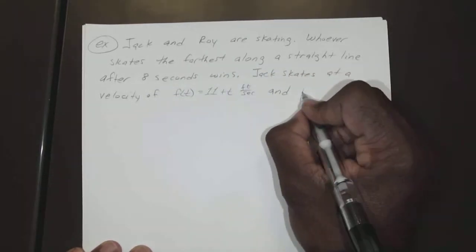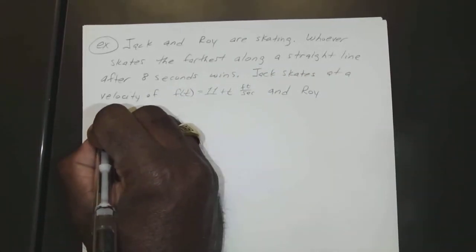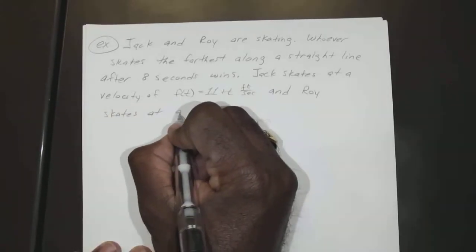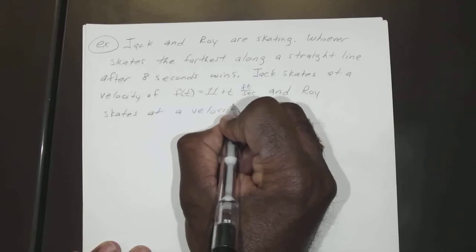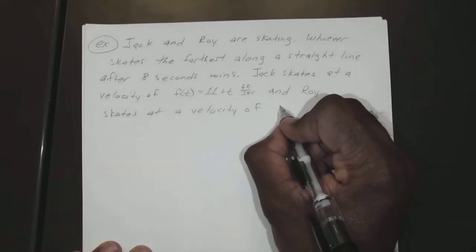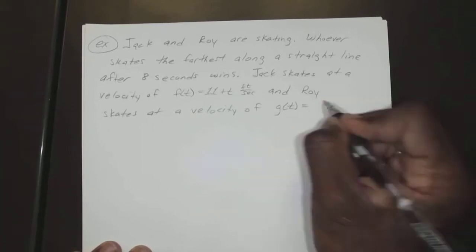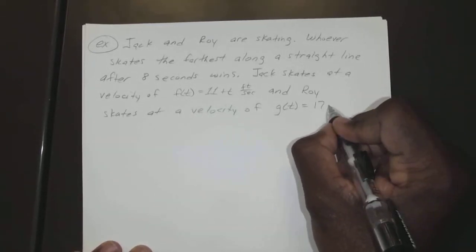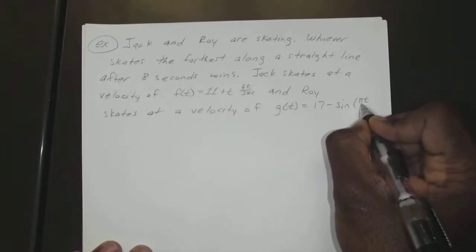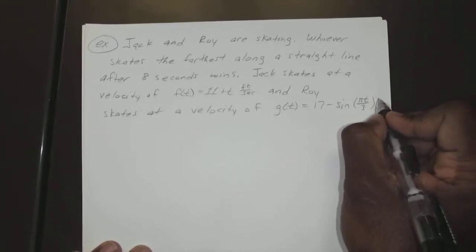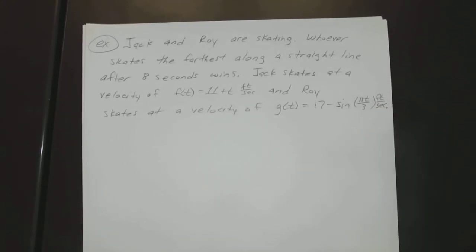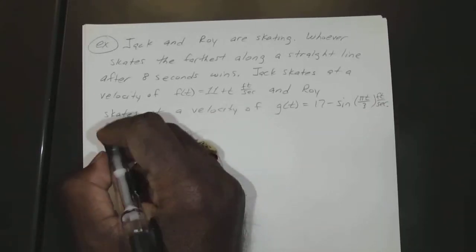And Roy skates at a velocity of g of t equals 17 minus sine of pi times t over 3 feet per second. Who wins the race?